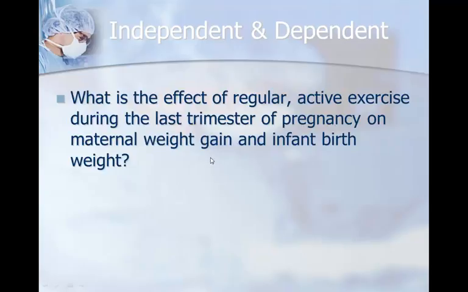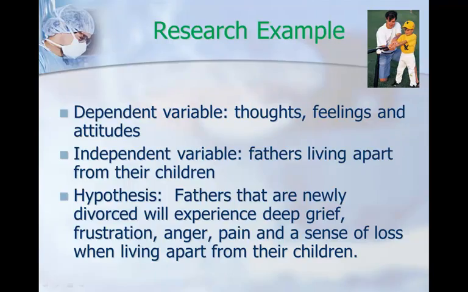Now if we go back to our research example, this was on our man who just got divorced along with his children and his feelings. So our dependent variable are the thoughts, feelings, and attitudes, whereas the independent variable would be the father living apart from his children.